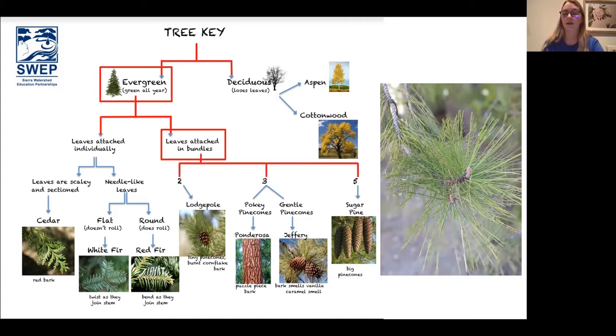And that's asking, are the needles in the bundle attached in 2, 3, or 5? And again, it's harder to see in the photo. It'll be a lot easier to see when you're in person. You can either reach up on the tree and pluck the needles off, or if the tree is too tall and the needles are too high above your head, you can look on the ground near the base of the tree.